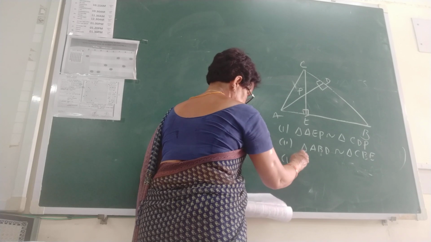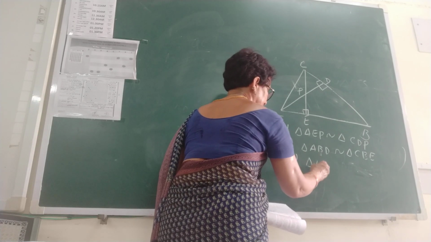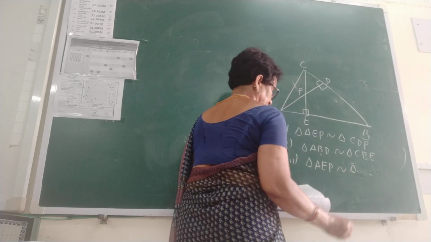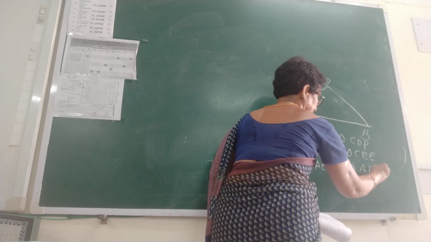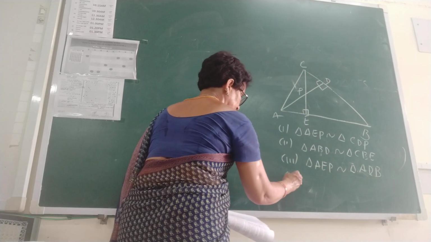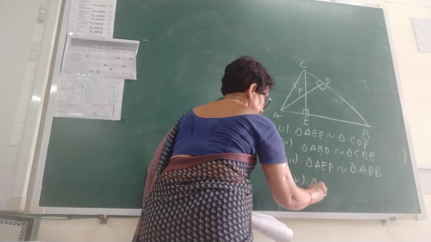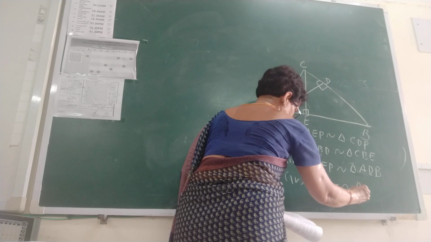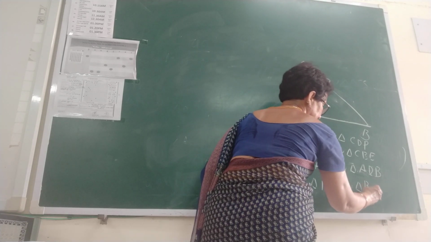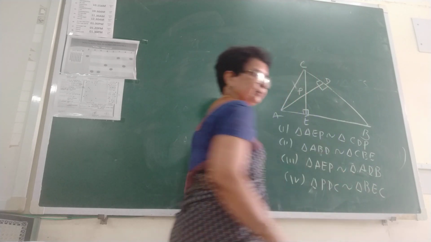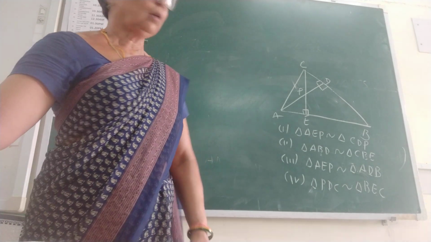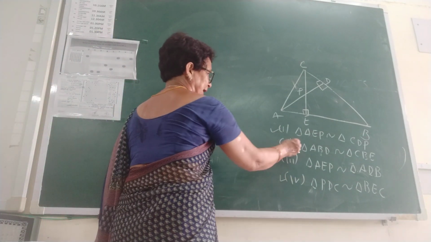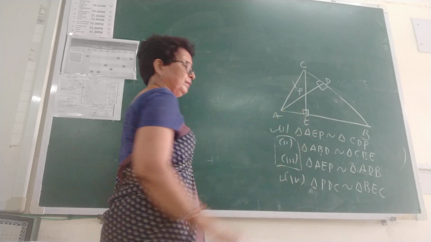Third one is triangle AEP is similar to triangle ADB, and the fourth one is triangle PDC is similar to triangle BEC. So I will tell you the first and the fourth one. The remaining two you will do yourself.